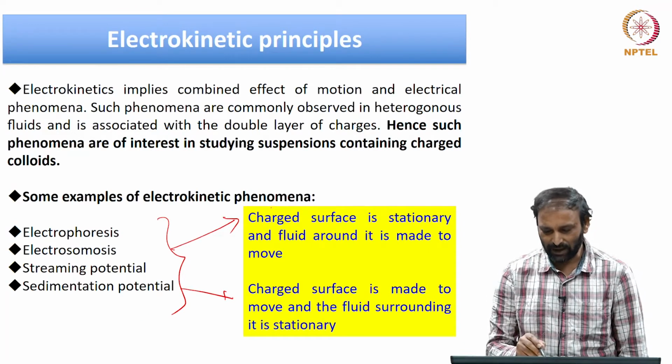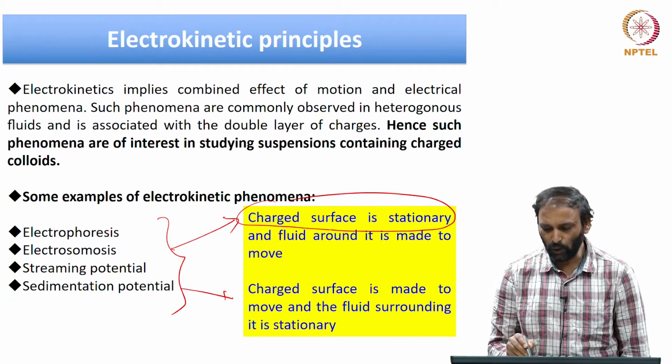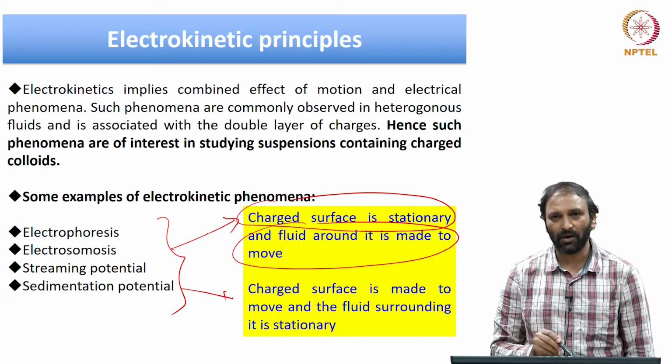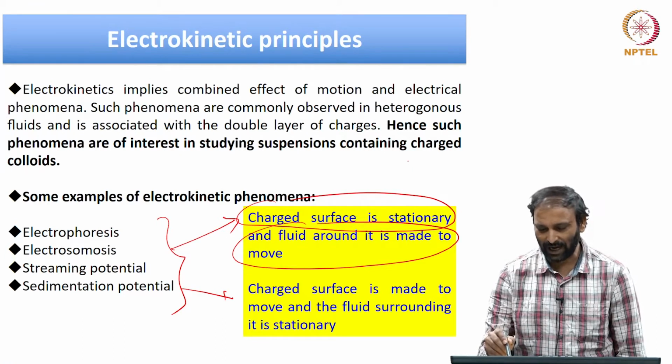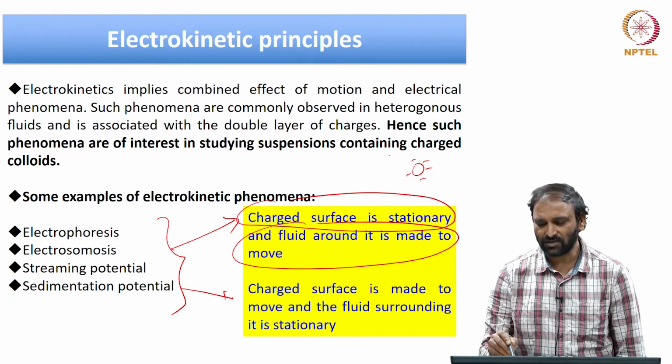In one category, the charged surface is stationary and the fluid around it is made to move. So, you could have a case where I have a charged particle, and there is fluid around it.